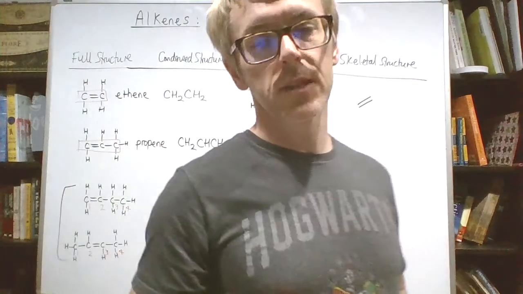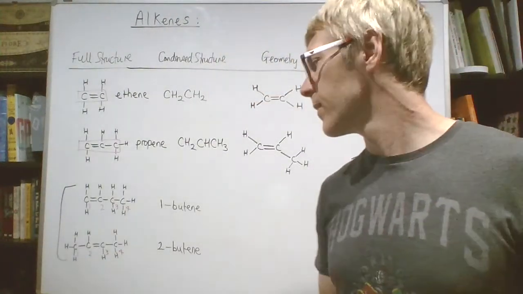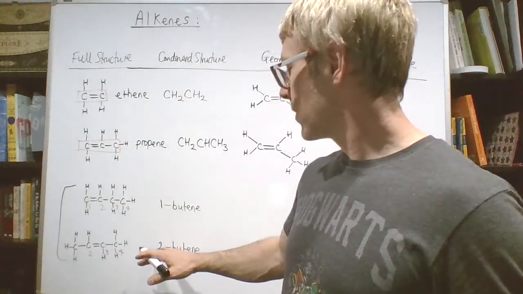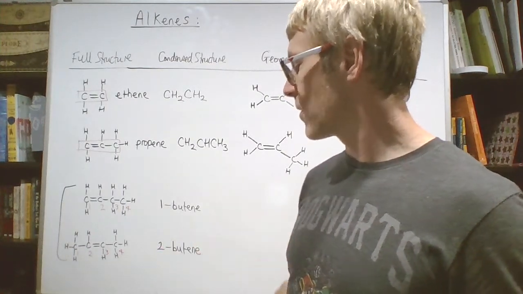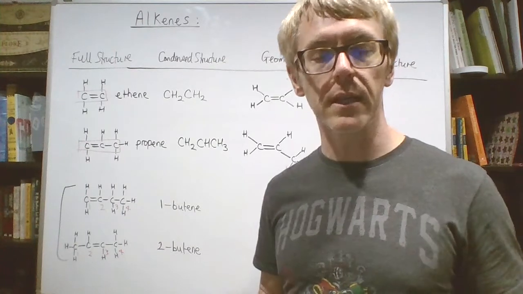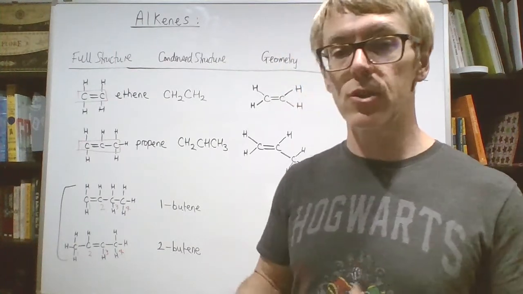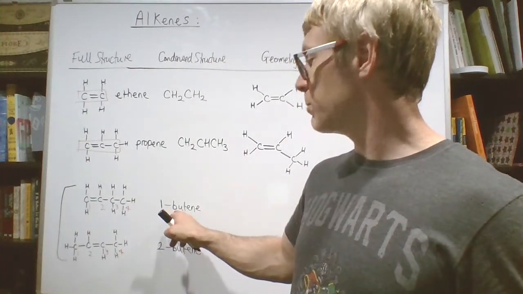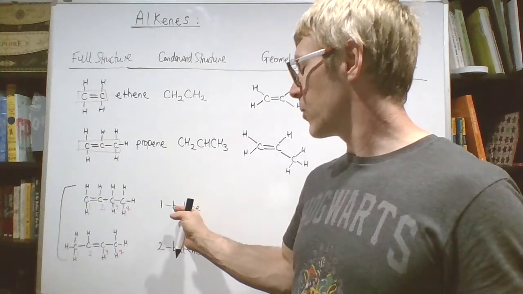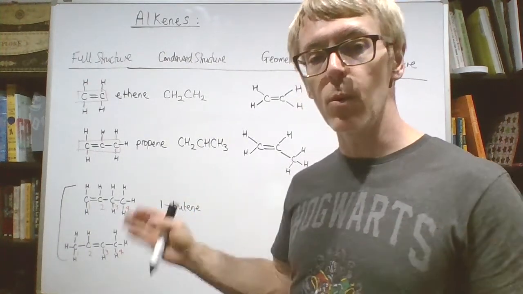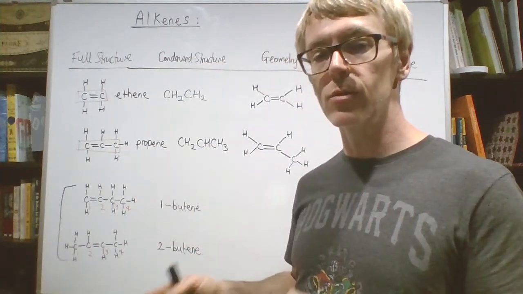Now, if you're watching this video in Europe, they tend to put the number between the branch and the suffix. So in Europe, you would more likely call these but-2-ene and but-1-ene. In the US, for whatever reason, they tend to put the number out front, so it would be 1-butene rather than but-1-ene.